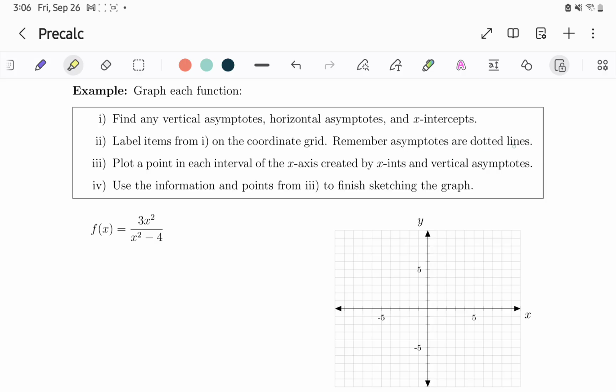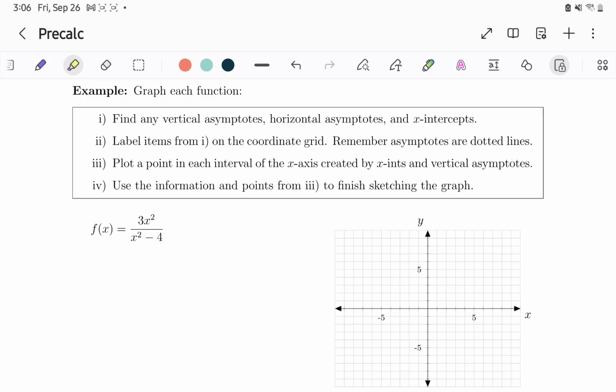Since it's kind of hard to use dashed or dotted lines on my tablet, I'm instead going to draw lines using the highlighter tool. That way they're kind of invisible looking. So that's step 2. And then for step 3, we are going to plot a point in each interval of the x-axis created by the x-intercepts and the vertical asymptotes.